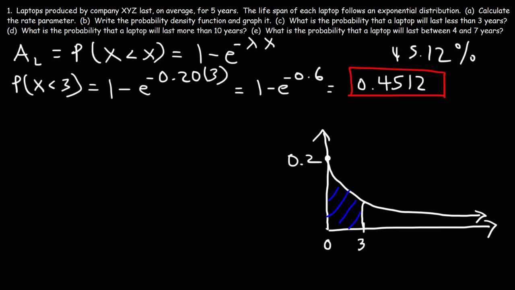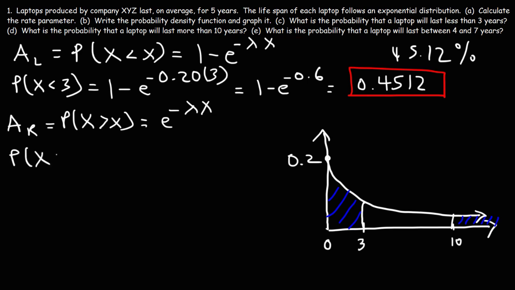Part D. What is the probability that a laptop will last more than 10 years? So let's say 10 is right here. In this case, we need to find the area to the right. To do that, we could use this formula. The probability that x is greater than a given value x is just going to be e to the negative lambda times x.